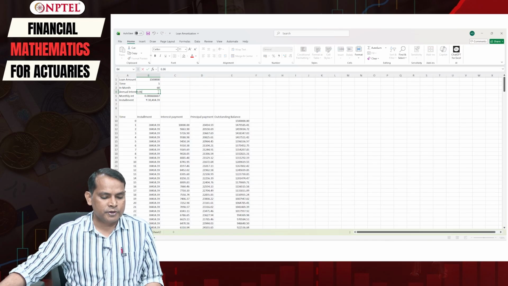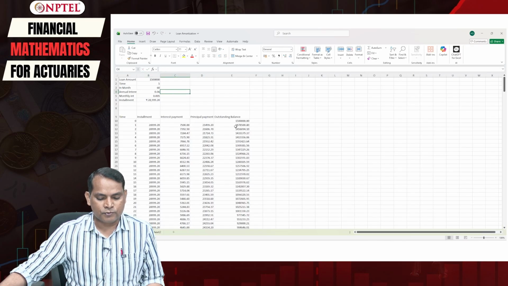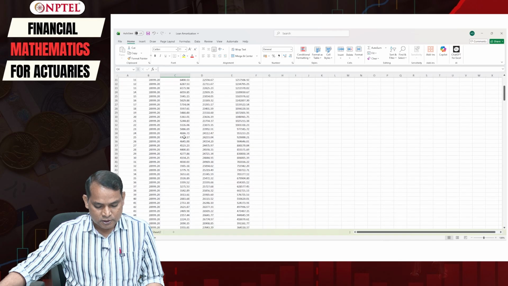Now I'm changing the value here, accordingly everything will change now. So now the installment payment will become around 29,000, and then again you will see that the loan amount is reduced here.